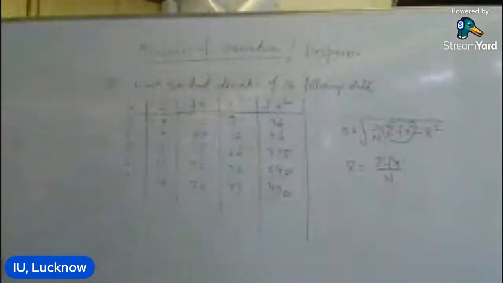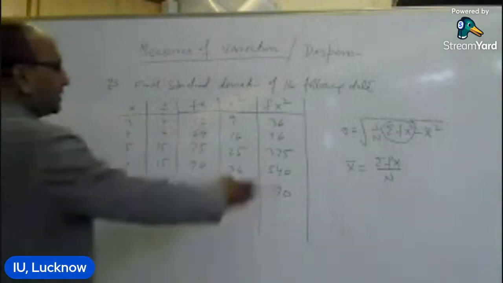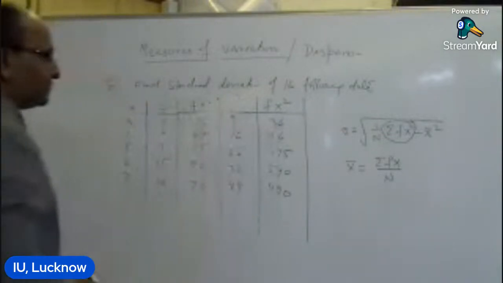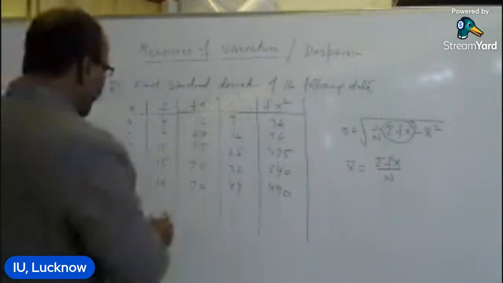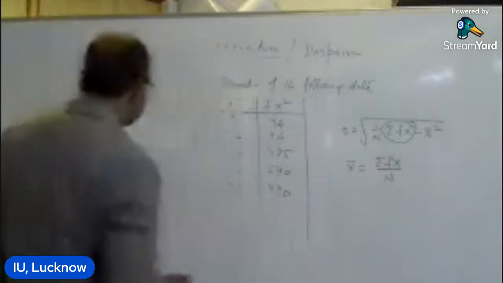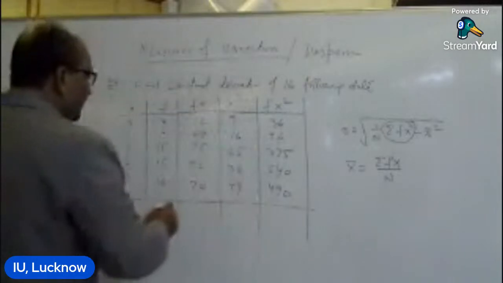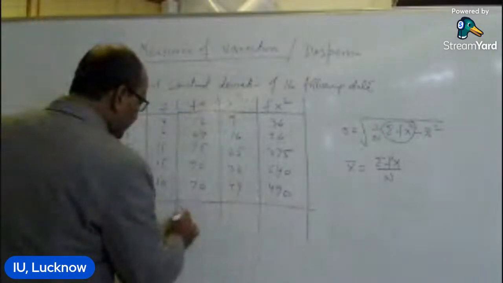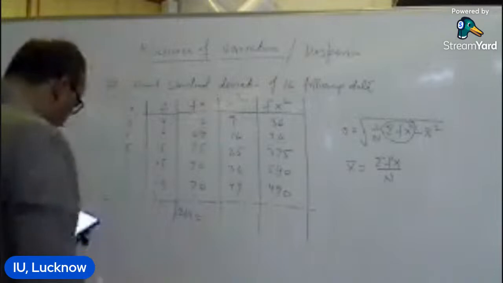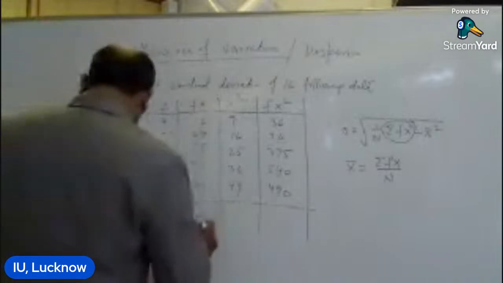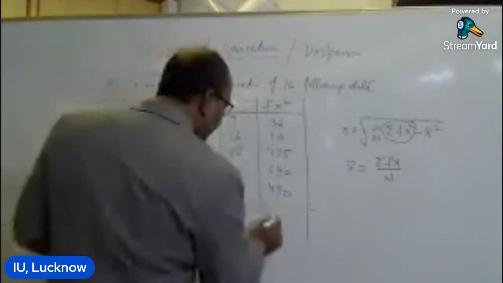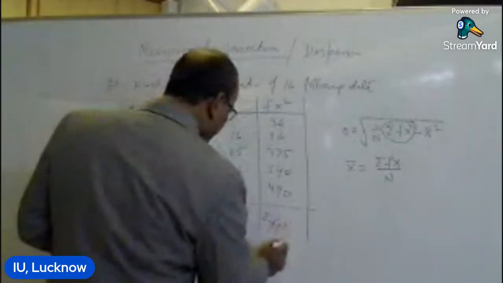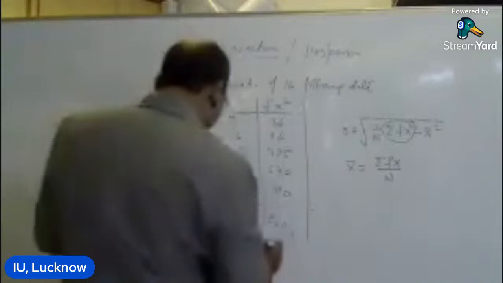So just obtain all the terms and the sum of these. Sum of fx is 271, and sum of fx square is 1537.